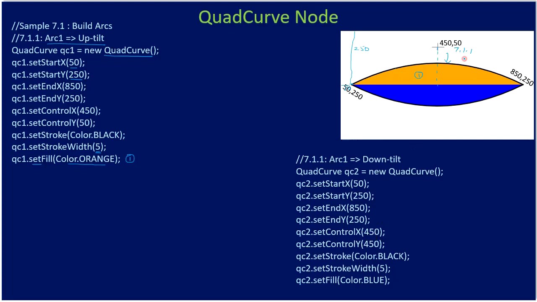Control x is changing, so this is the control point CP1, and this is CP2. Control point we are changing, start and end location is same, but based on the control point, if you see, this time the curve is down tilted. So previously it was an up tilt, now it's a down tilt.